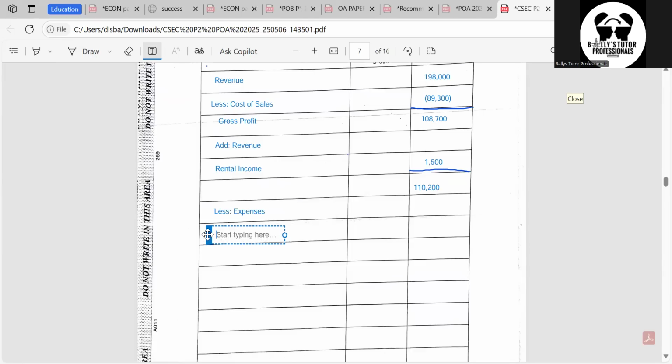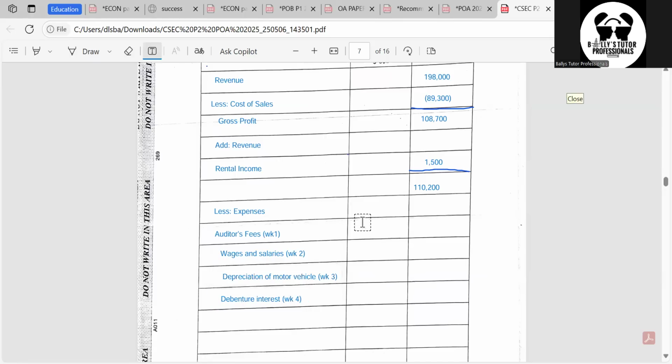So I had my auditor's fees, I had my wages and salaries, I had my depreciation, and I had my debenture interest.